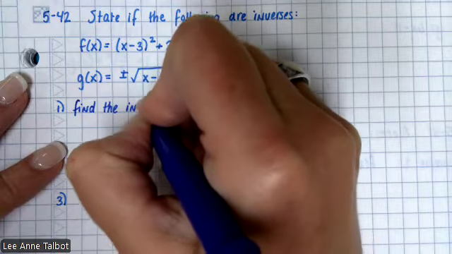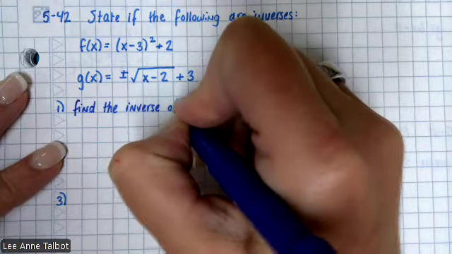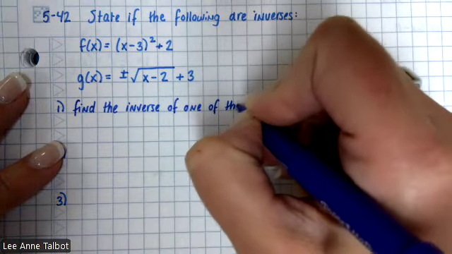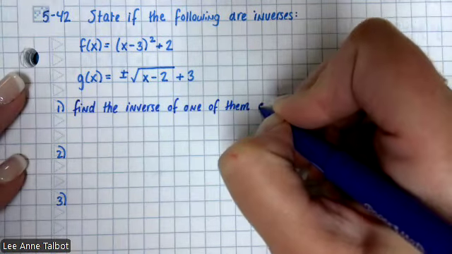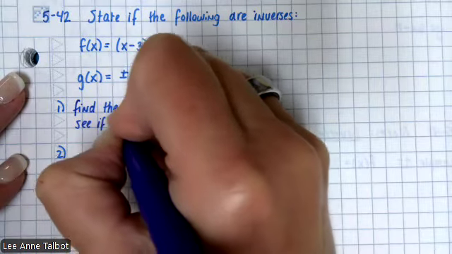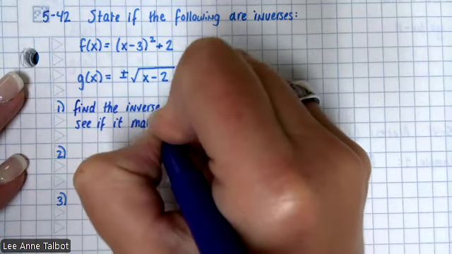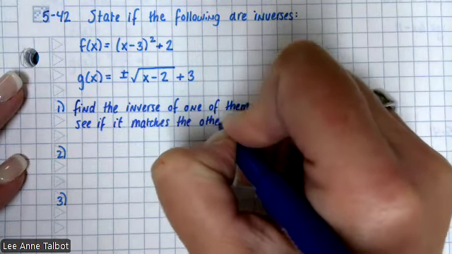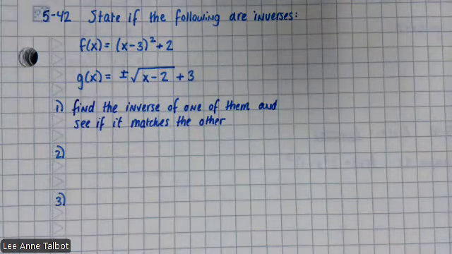The first: find the inverse of one of them and see if it matches the other. You're like, duh, isn't that actually how you probably wanted me to do the problem?